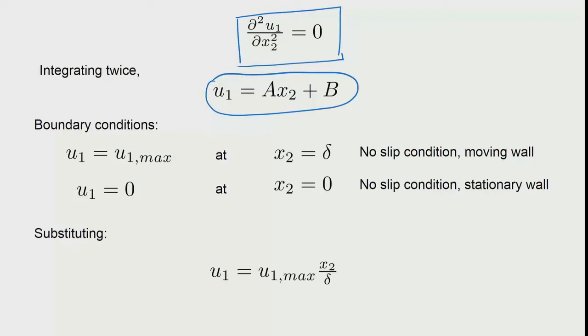At the top wall, x2 is equal to delta, and the velocity is equal to u1 maximum; at the bottom it is 0. When you substitute, you get the functional form for the velocity, which is proportional to the distance in the y direction, with scaling of the maximum velocity by the factor delta in the denominator.